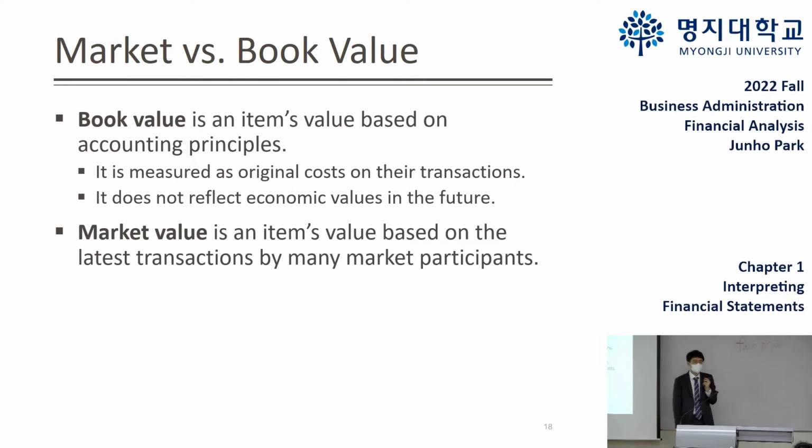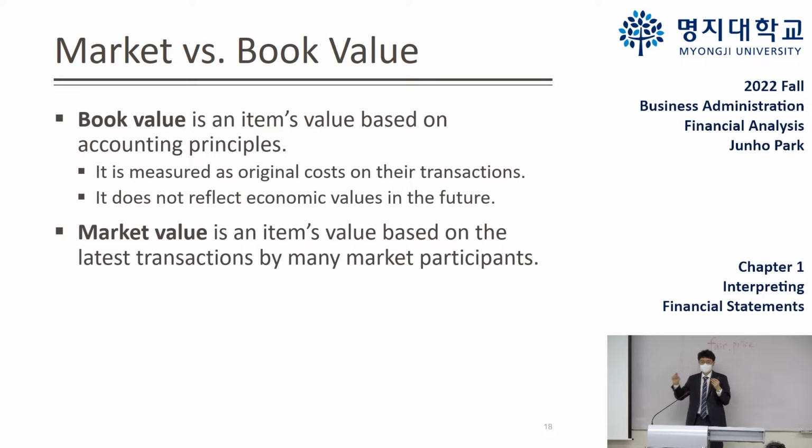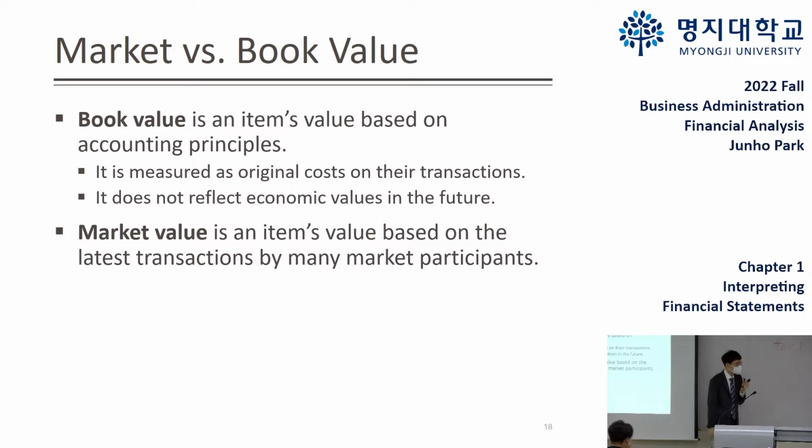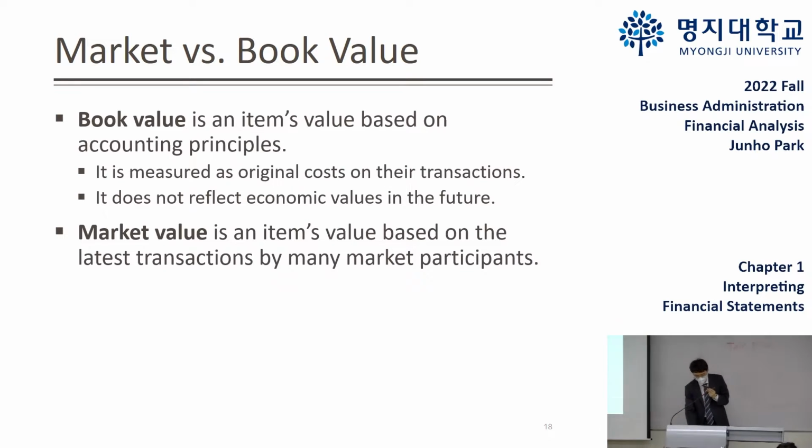And then you will realize that eventually, because of the supply and demand principle in economics, the more people buy and sell, the more it will approach the fair value. So eventually, the market value will be a very good approximation of the fair value. So that's why we often try to use the market value rather than relying on the book value.